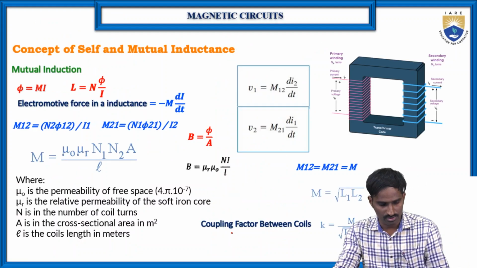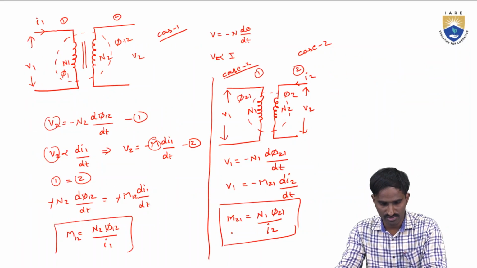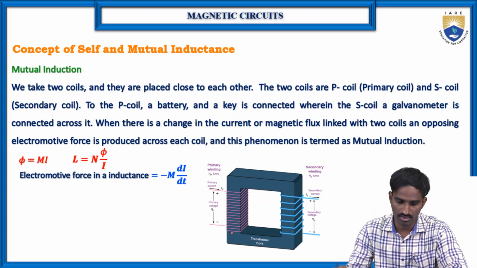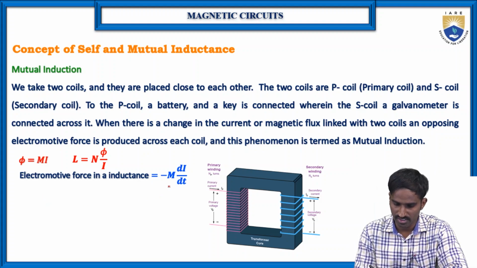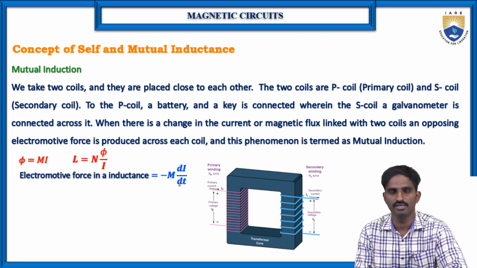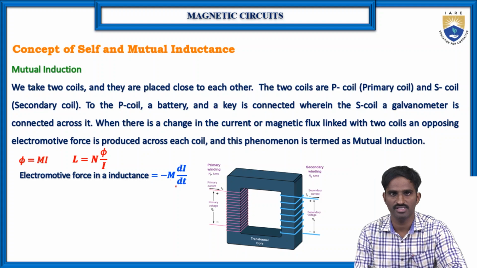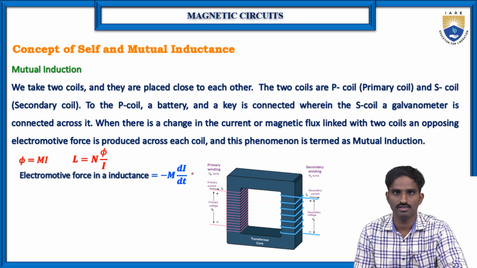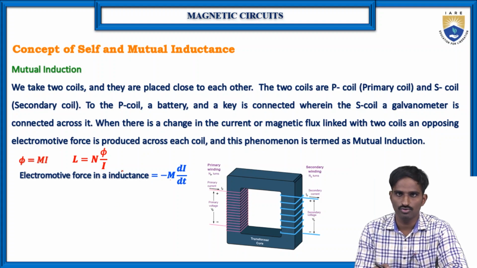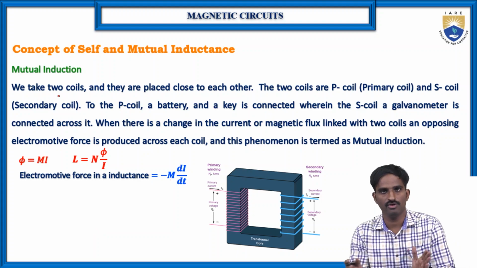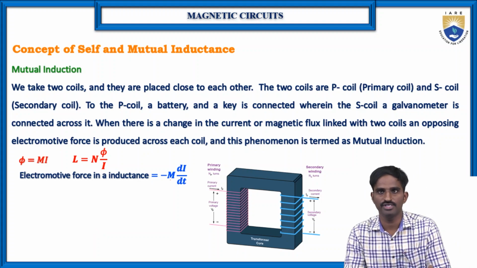That's what they have mentioned here, which is nothing but what we just discussed: the EMF is equal to minus M into di by dt. So we took two coils and placed them close to each other.